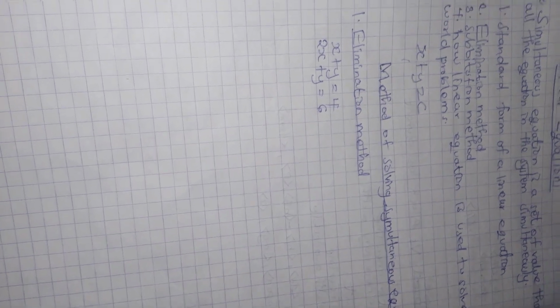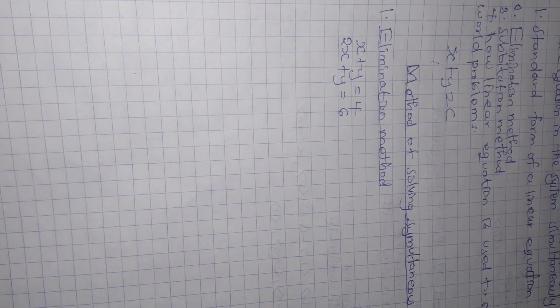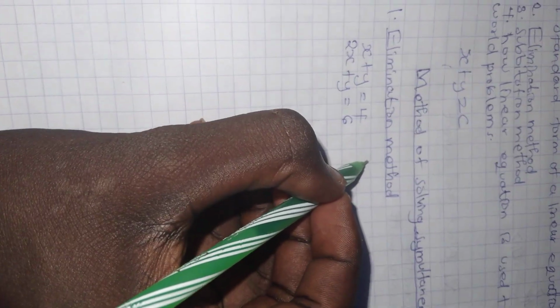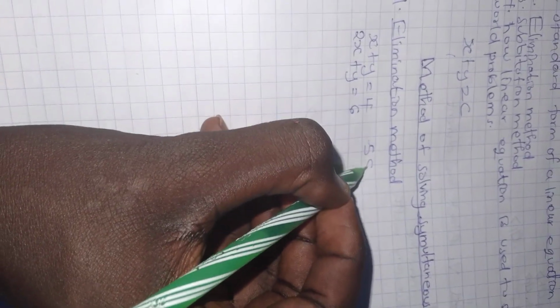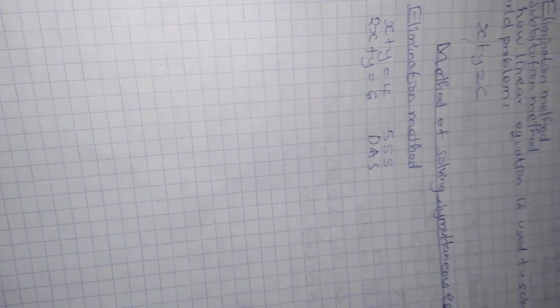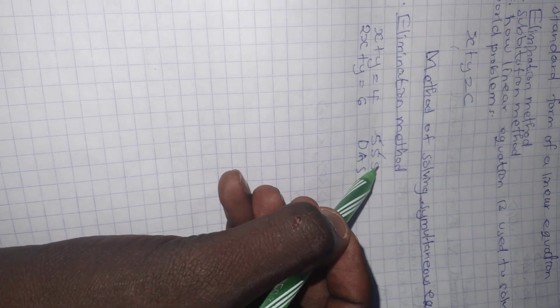According to me, how I can tell my students to handle this problem, I have a certain formula which has really helped me when solving simultaneous equation using elimination method. The formula is SSS then DAS. This formula simply means same sign subtraction, different sign addition.